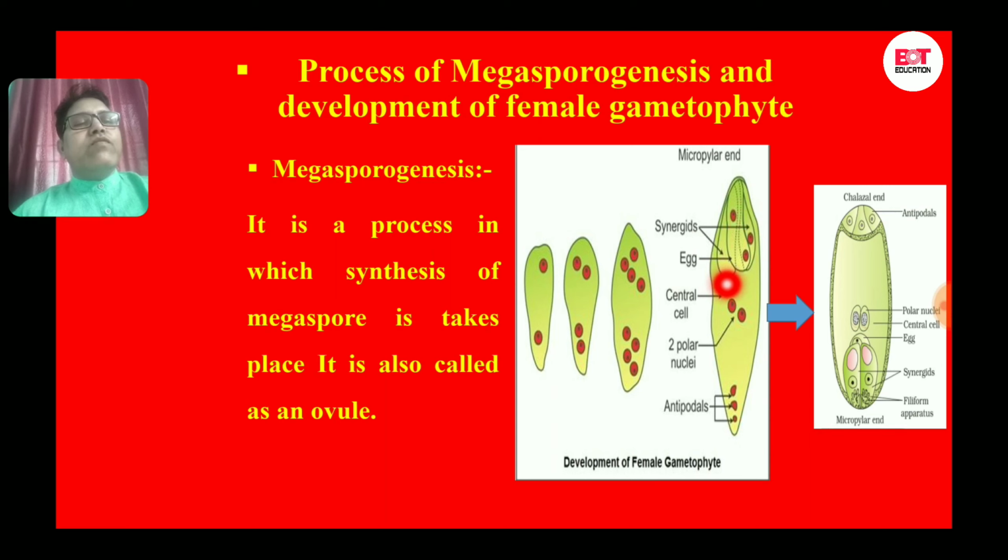One nucleus reaches towards the center. From the lower four nuclei, three develop into antipodal cells, 1, 2, 3 like this, and one reaches towards the center. These two nuclei in the center form the secondary nucleus. So in this way, the complete structure known as the ovule, or the female gametophyte, is developed.